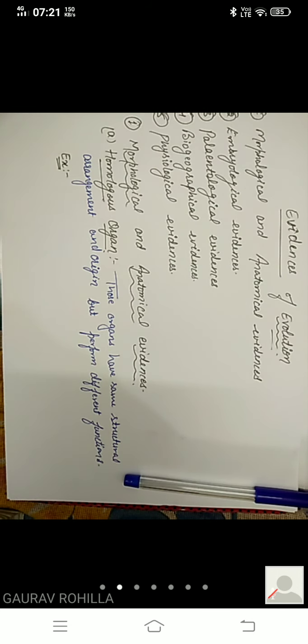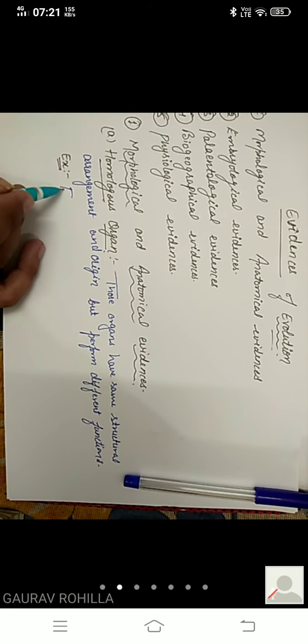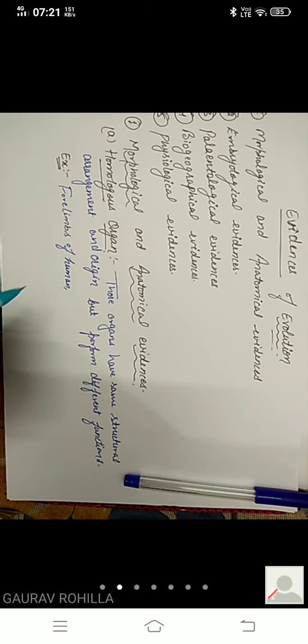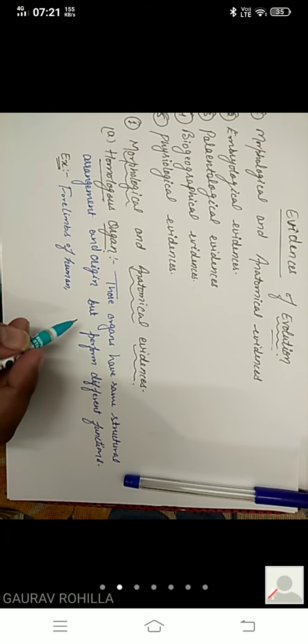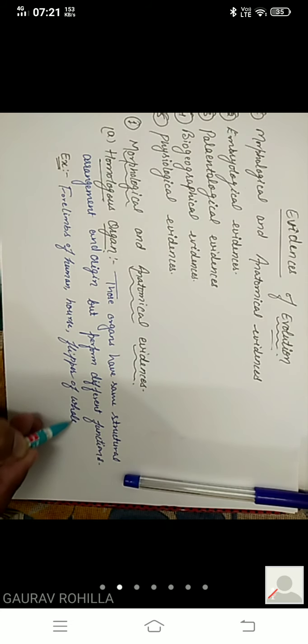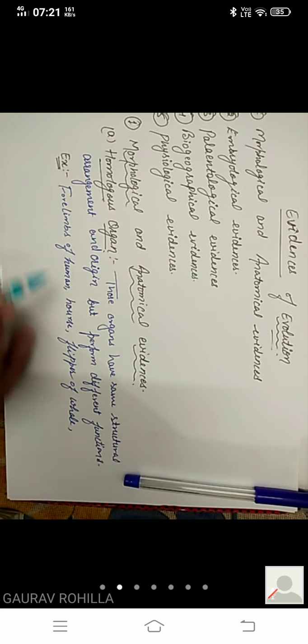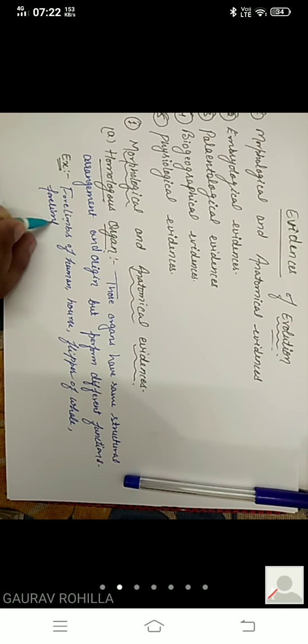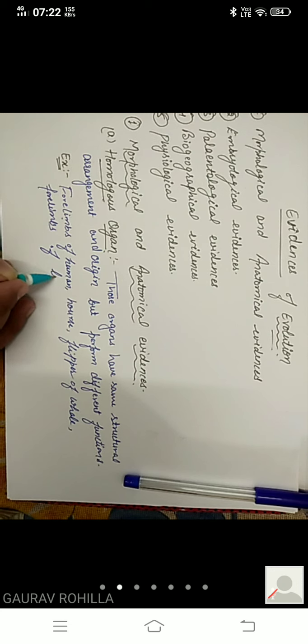Examples like forelimbs of human, horse, flipper of whale, forelimbs of tiger.